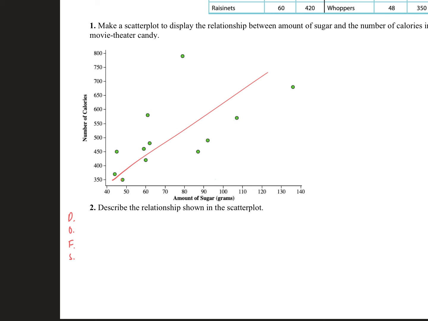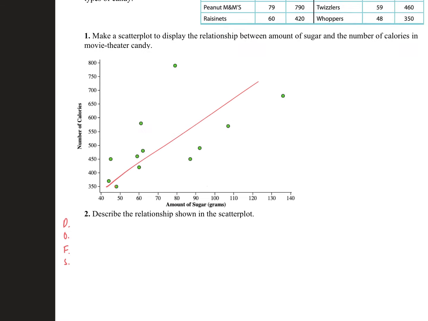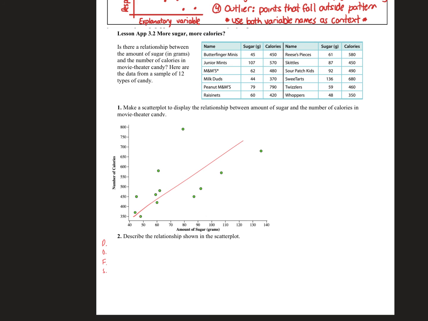And then outliers, right? Does there appear to be any outliers? This one up here definitely seems to be quite a bit off from the rest. That's at about 79 grams of sugar and 800 calories, which looks like the M&Ms.